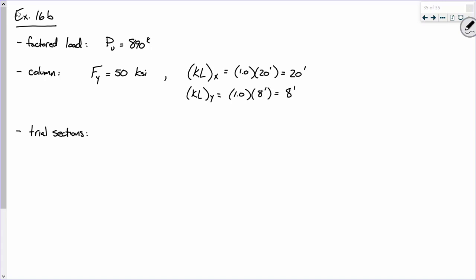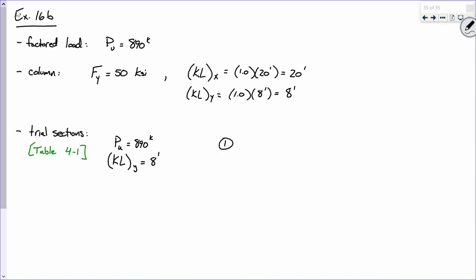Now, these trial sections, we're going to get out of Table 4-1. Remember, Table 4-1 is built based off of the weak axis, okay? So what I've got to do is look up sections that have a PPN of 890 or higher, and a KL in the y direction of 8 feet.